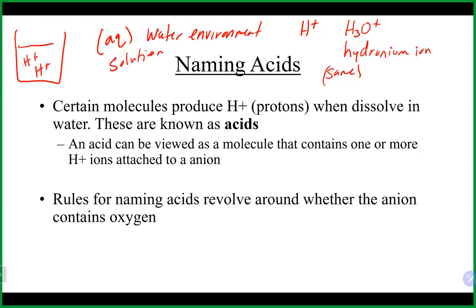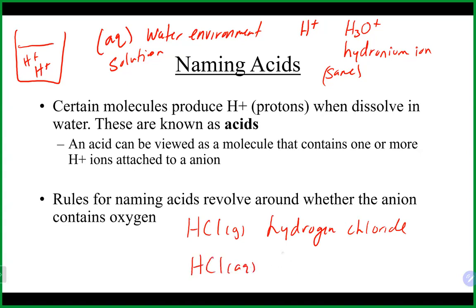A very easy example is HCl, as we saw earlier. If it happens to be a gas, people will call it hydrogen chloride. But if you take that gas and bubble it through some water, it will become aqueous, and you will get aqueous HCl, which is known as hydrochloric acid.